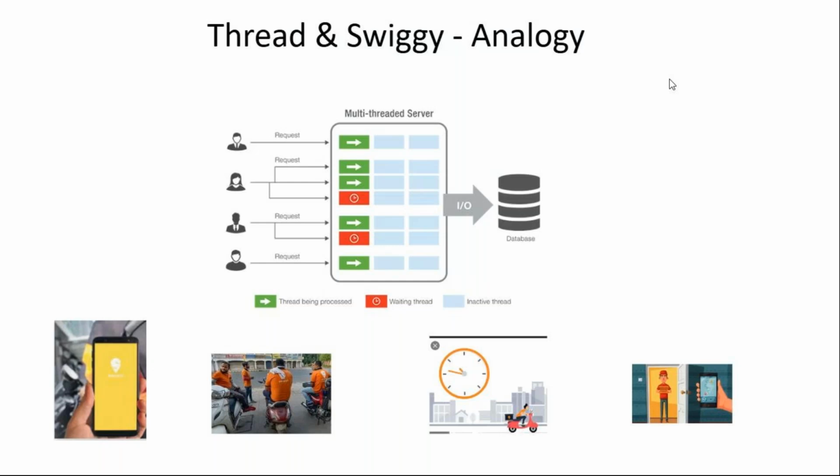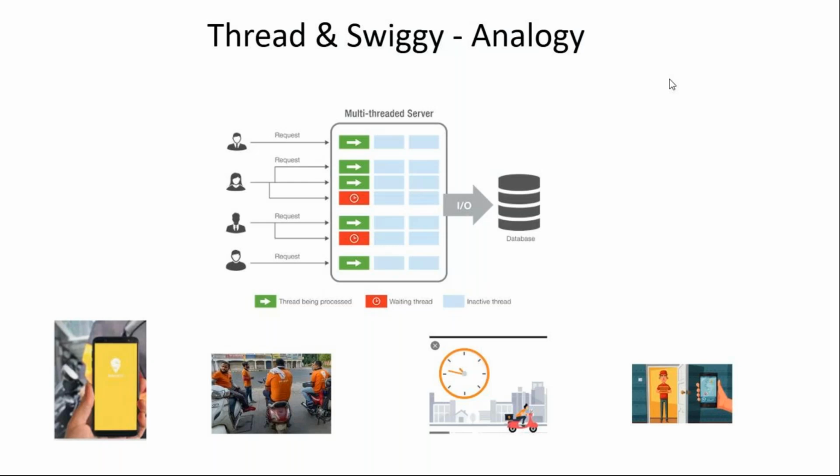Similarly, another person will order, and whoever is free will take up that order and deliver it. And if there is more traffic, sometimes your delivery gets delayed, right? Because of too much traffic and fewer delivery people, you get your food a little late. That's how Swiggy or Zomato operates.